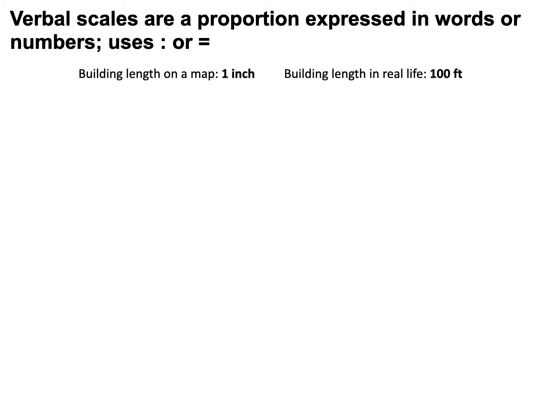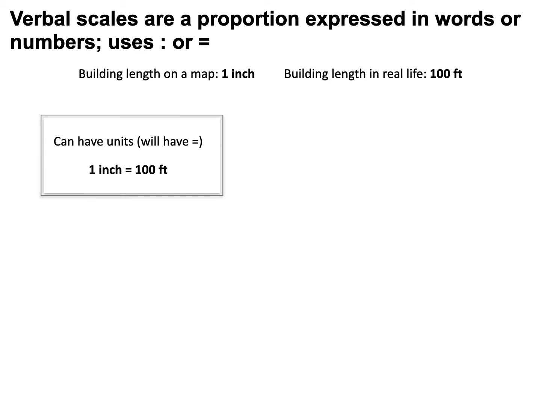It could use a colon or an equals, and it depends on whether we're using units or not in our proportion. So if there are units, you'll usually have an equal sign. So our example from the last map would be 1 inch equals 100 feet. That's, in a sense, self-explanatory. That's as simple as it gets, and you might see this, or 1 inch equals a mile. So with different units, we use the equal sign in between.